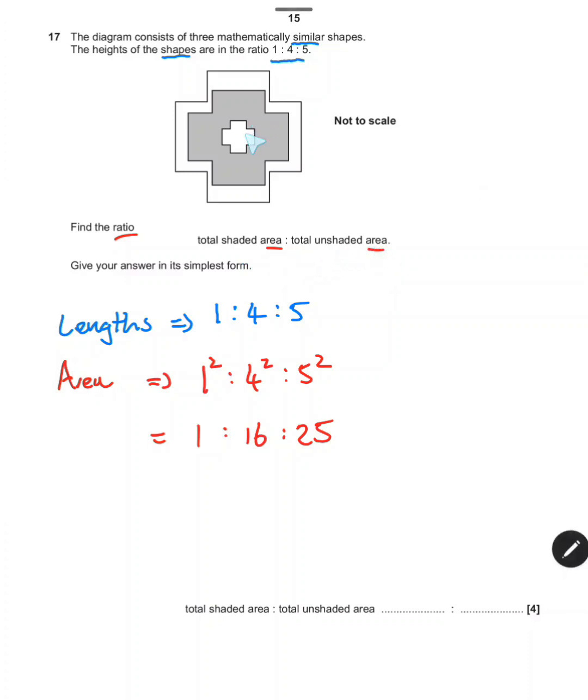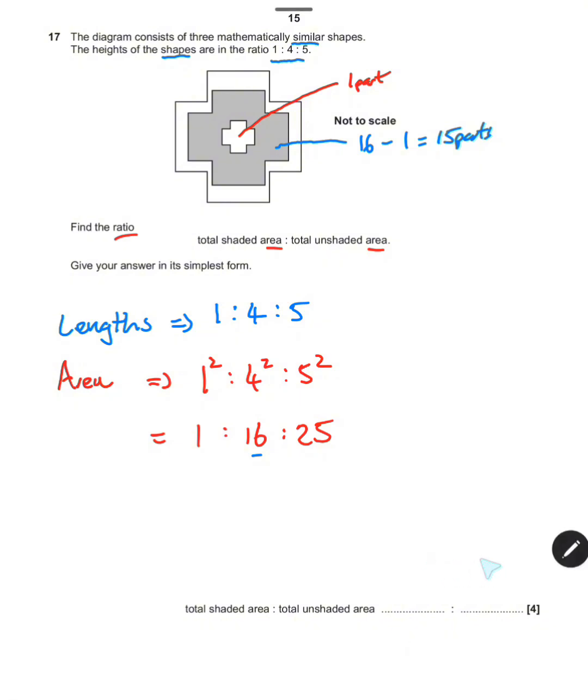Well, if we call this middle bit 1 part, then this shaded bit in the middle would be the 16 parts, take away the 1 part in the middle. There is only 15 parts shaded there, if you like.